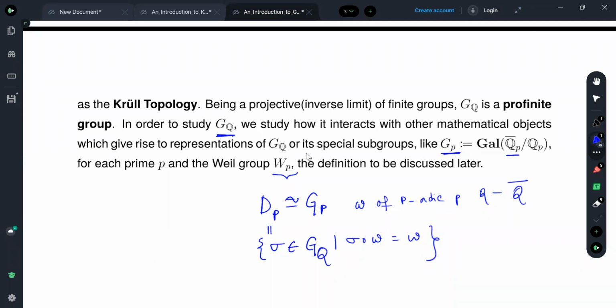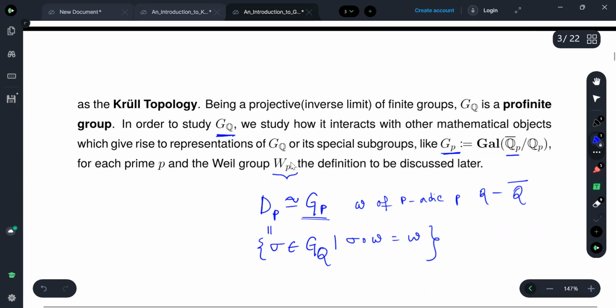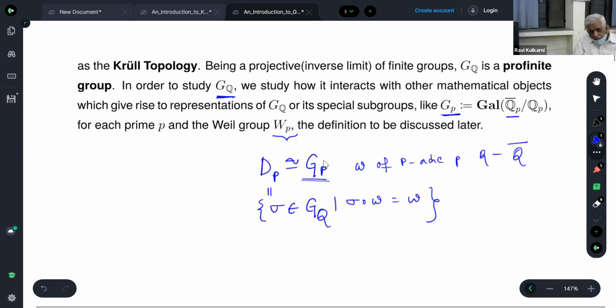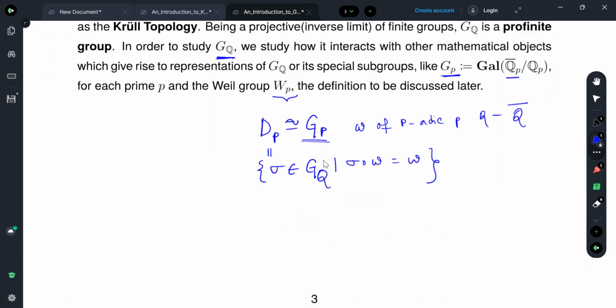So this is the decomposition group, and it is isomorphic to the local Galois group at p. For a finite extension, we can talk about the sigma of a prime ideal.